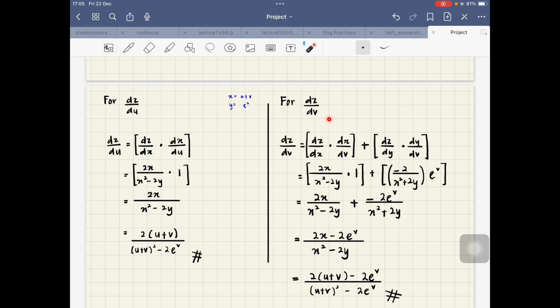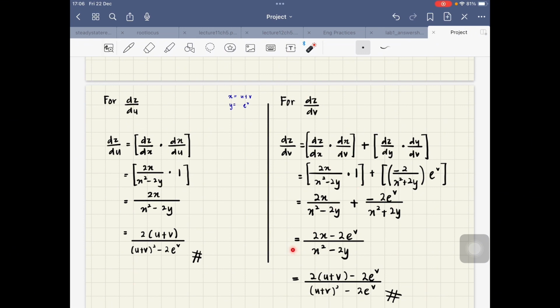For dz/dv, the equation is dz/dx multiplied by dx/dv plus dz/dy multiplied by dy/dv. So dz/dx multiplied by dx/dv is just like the previous one, which is 2x over x squared minus 2y multiplied by 1, plus dz/dy, which is negative 2 over x squared minus 2y, multiplied by dy/dv, which is exponent of v.